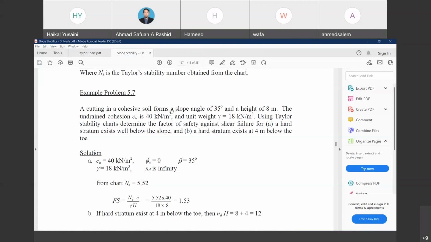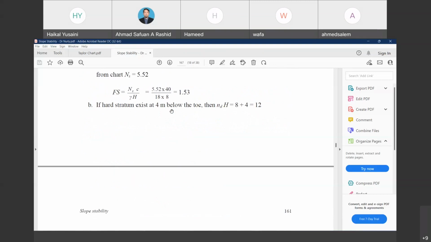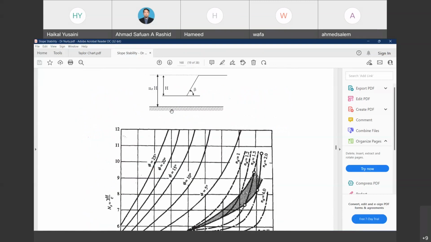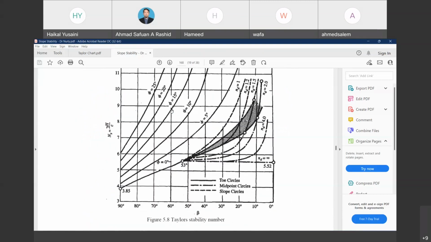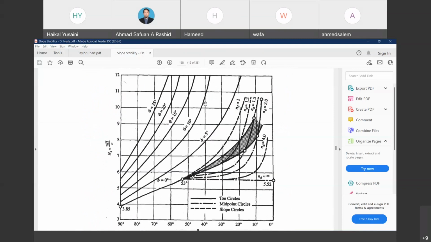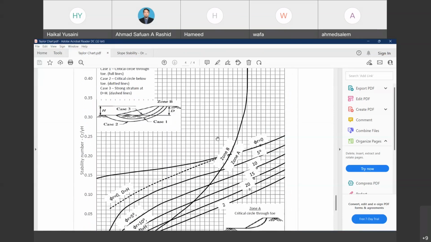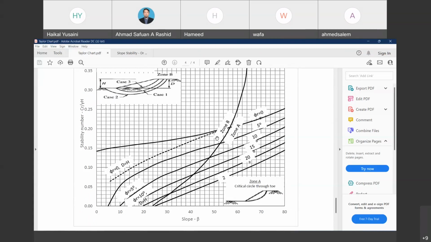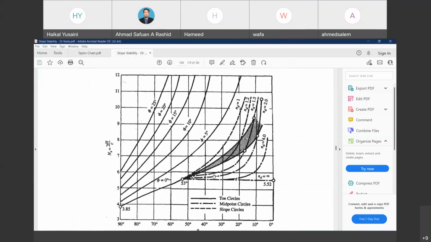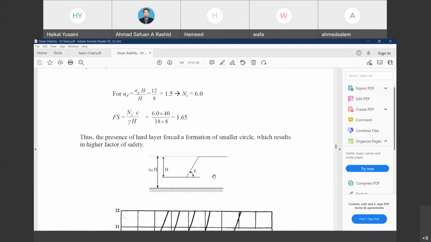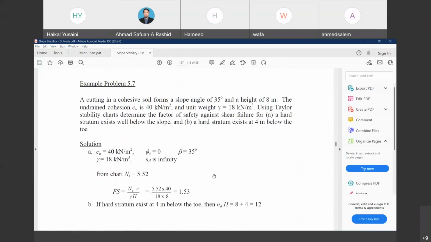So this is another way, by referring to a different Taylor design chart. A little bit different from this one, however the intention is the same.